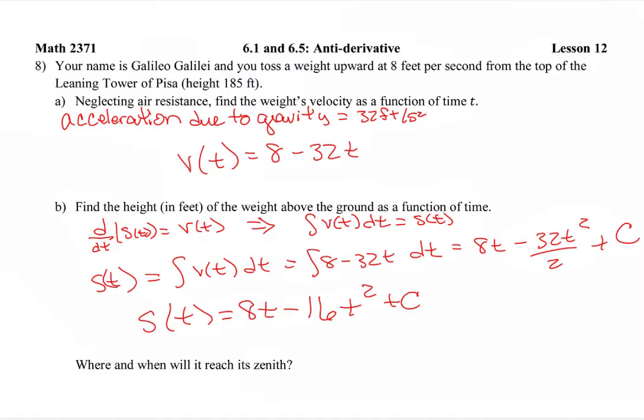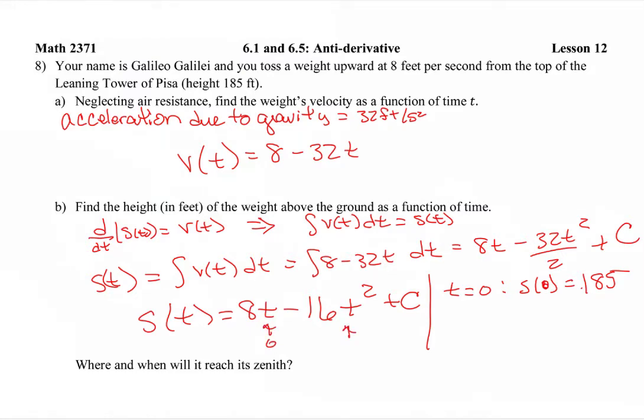Now, we know that at time equal to 0, we have that the height, or s of 0, is 185. So that tells us that if we put 0 in here, this will be 0, and this will be 0.